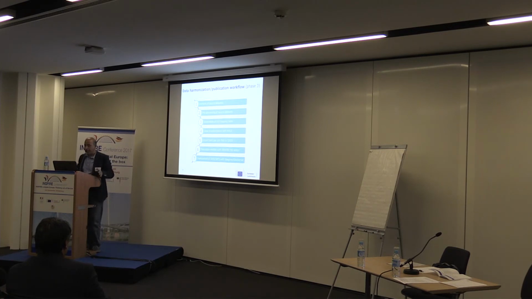Then, this is more or less the workflow that I showed before. Just to give you more details, in step 4, we used the open source software HALE Studio to make the data transformation.